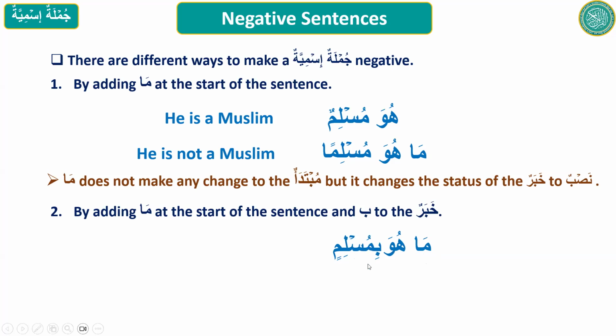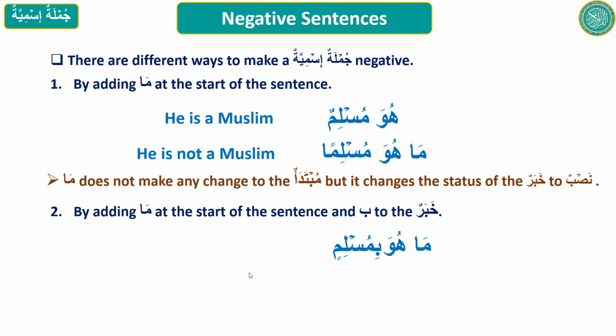In the second case, huwa is still the ism of ma, and bi muslimin is the khabar of ma. So what's the difference in meaning? What difference in meaning comes from adding this word bi?